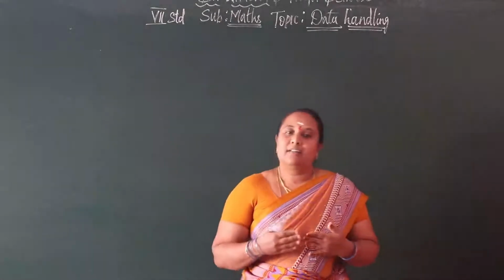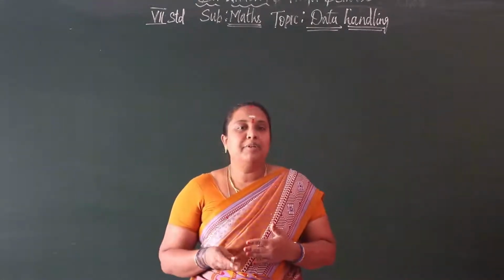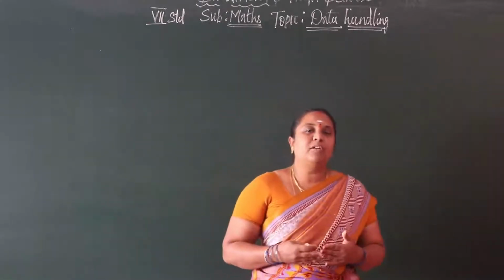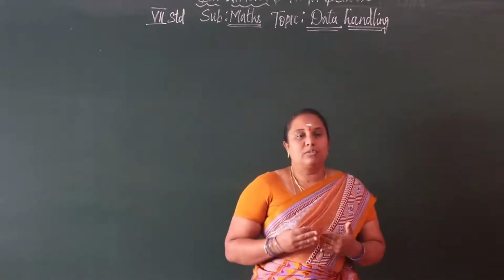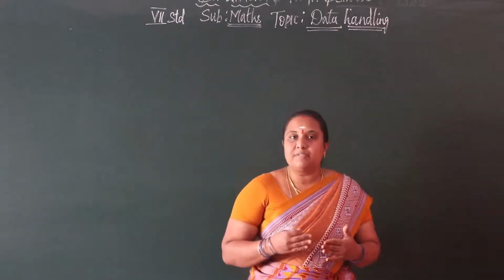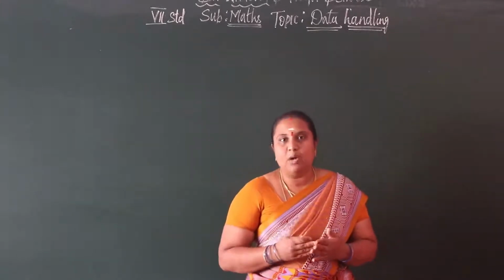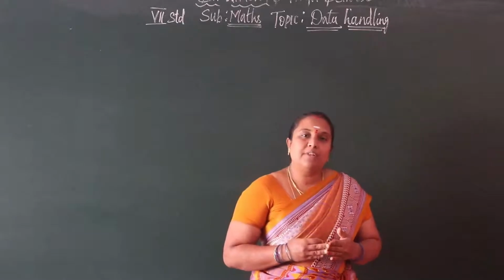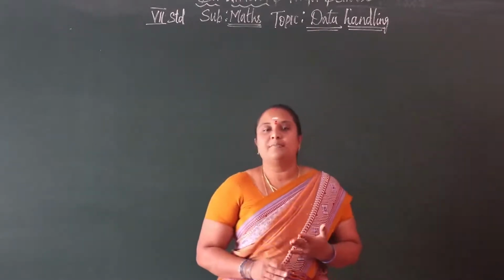What is the formula to find out the average of the given data, that means arithmetic mean? It is the sum of the observations divided by the number of observations. We want to add the data which is given to us, so the sum of the observations by the number of observations.